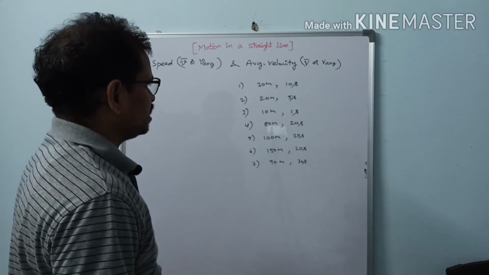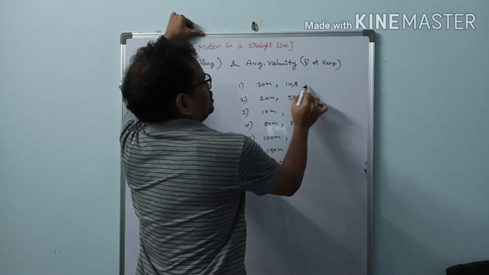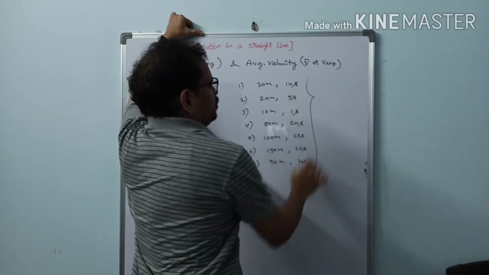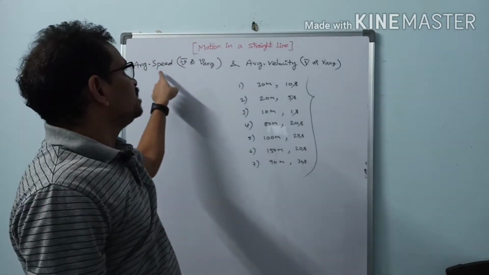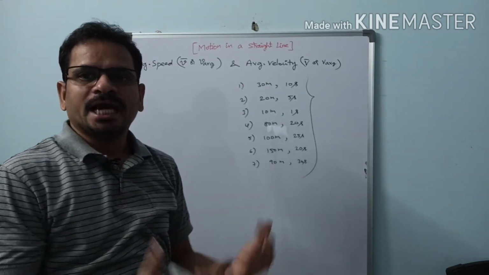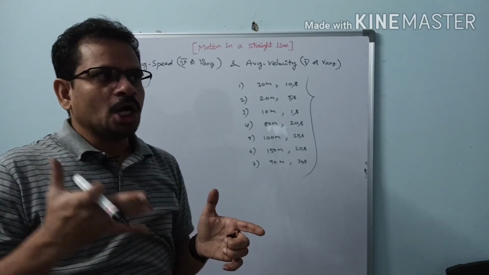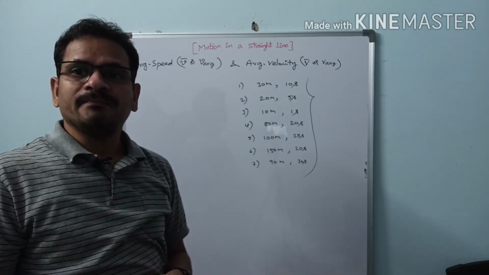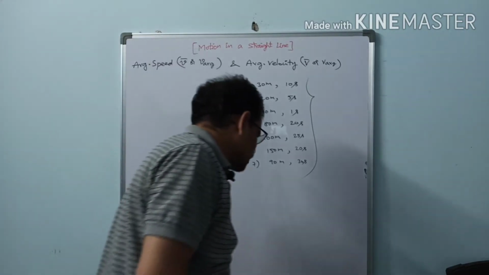So we do require new physical quantities, and that's why average speed and average velocity have evolved. They give us an idea of how fast a vehicle is going compared to another vehicle or particle. So let us jump into the concept.